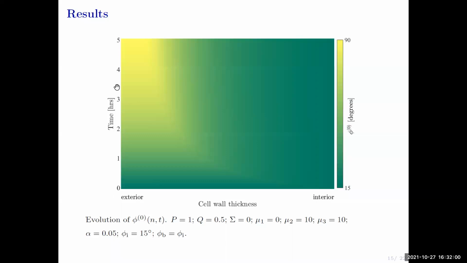So as time goes on, along the vertical axis, what happens is that the fibers that are initially there occupy a thinner and thinner region of the cell wall, right? Because later deposited fibers push outwards, towards the outer surface of the wall. And the fibers that are initially present reorient more, just because they've had longer to interact with the fluid.